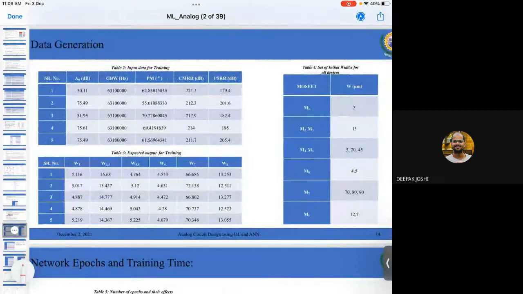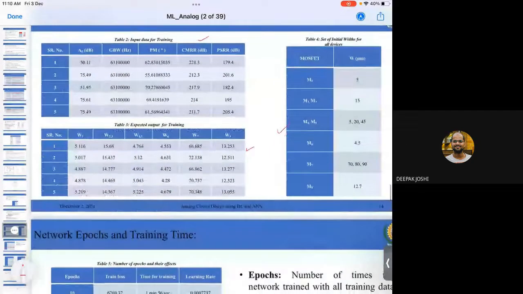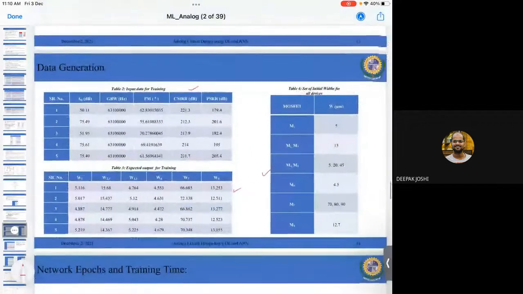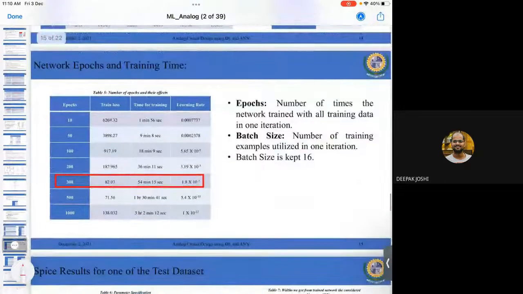Okay, so in this first table you can see the input data for the training, and then the expected output, and the set of initial widths are provided here, and this particular setup is used for the data generation. Further, you can see that we are trying to increase the number of epochs, which means the number of times the network is trained with all the training data.